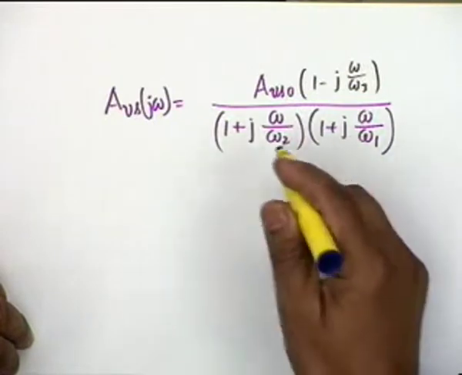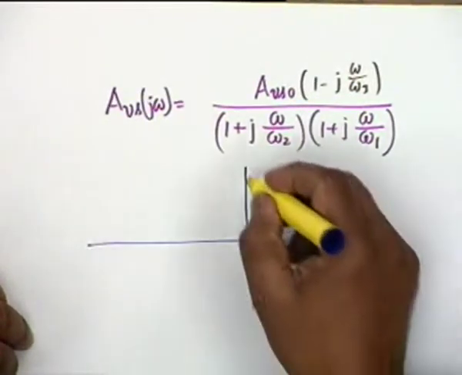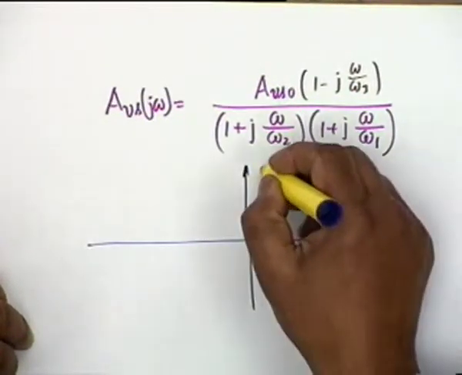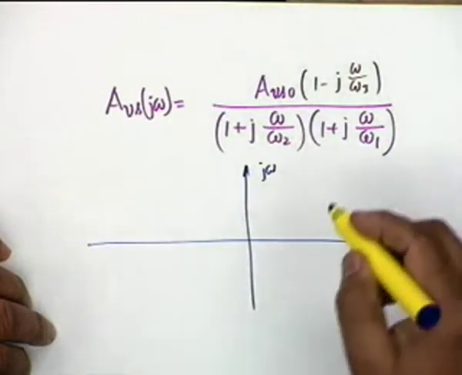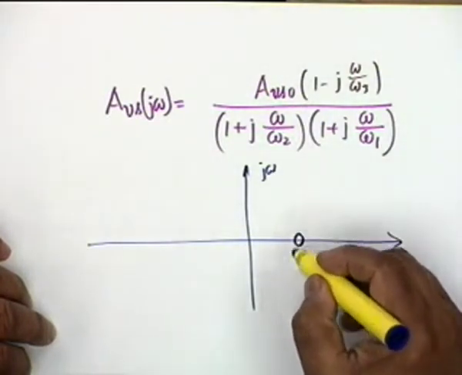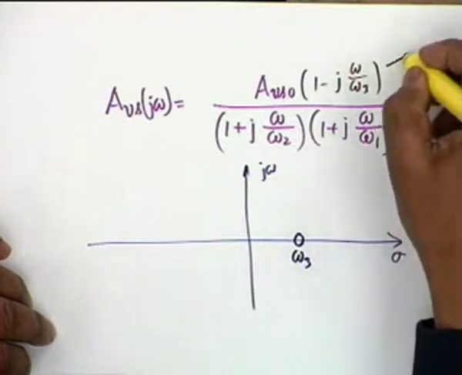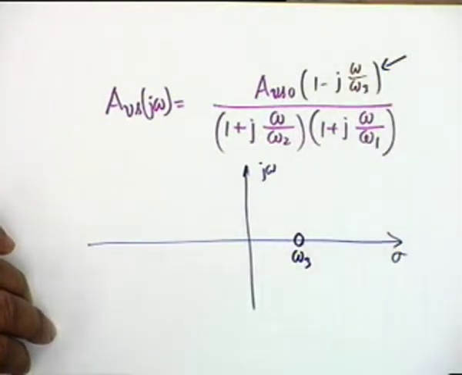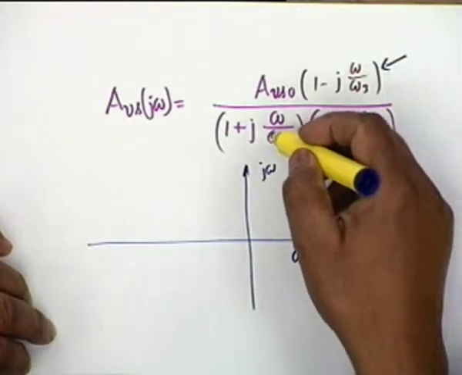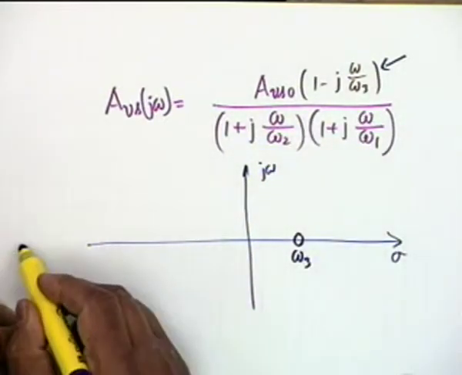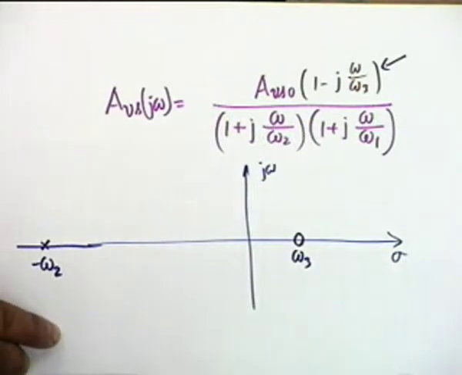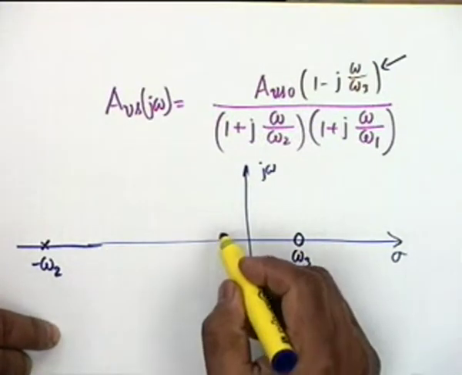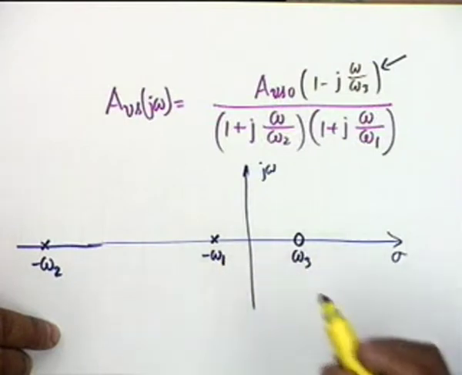You see that the pole zero diagram is like this, sigma j omega, pole zero diagram. One is a zero at s equal to omega 3, due to this factor. There is a pole at s equal to minus omega 2, somewhere here a pole is denoted by a cross, and a pole at minus omega 1.